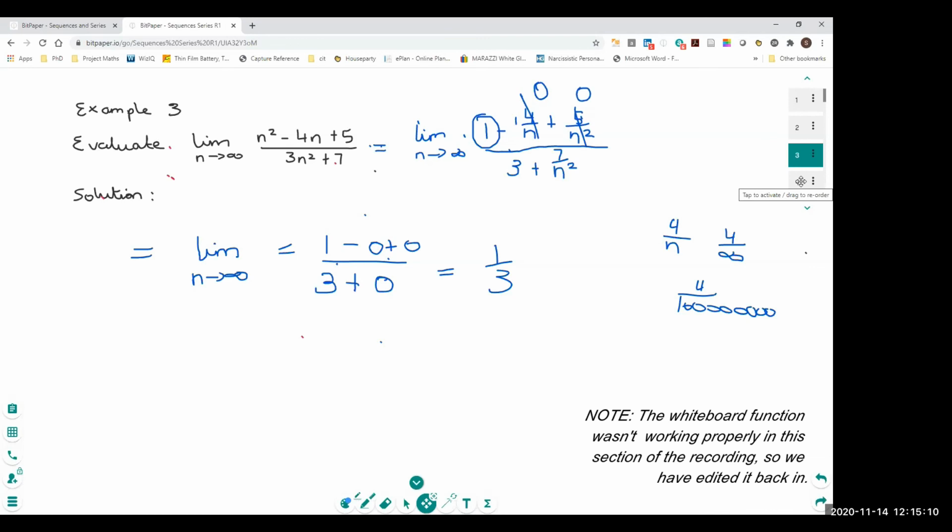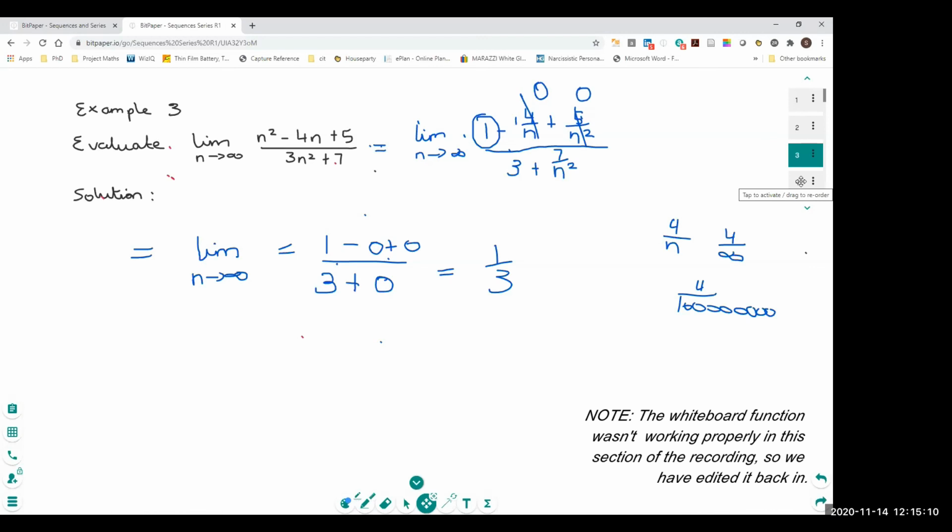So we have, yeah, we'll carry on from here. So it's the limit as n approaches infinity of 1 minus 4 over n plus 5 over n squared.